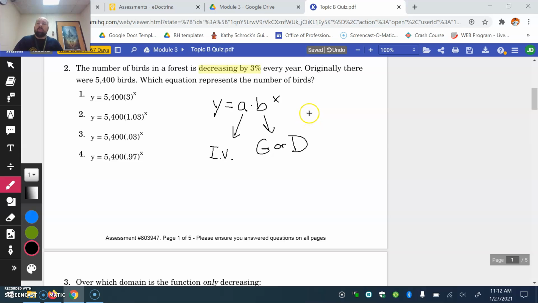So hopefully you understand, if the original amount is 100% and I'm decreasing by 3%, what you would do. Also, keep in mind which of these two choices would make the most sense. Is it going to be growth or decay? If it's decreasing, hopefully that should be pretty obvious. That's about all I'm going to say about that question.